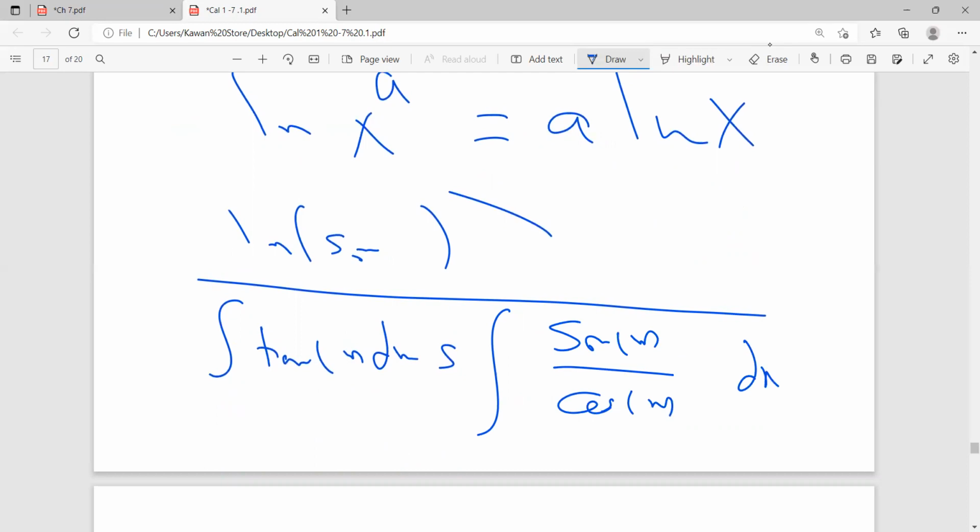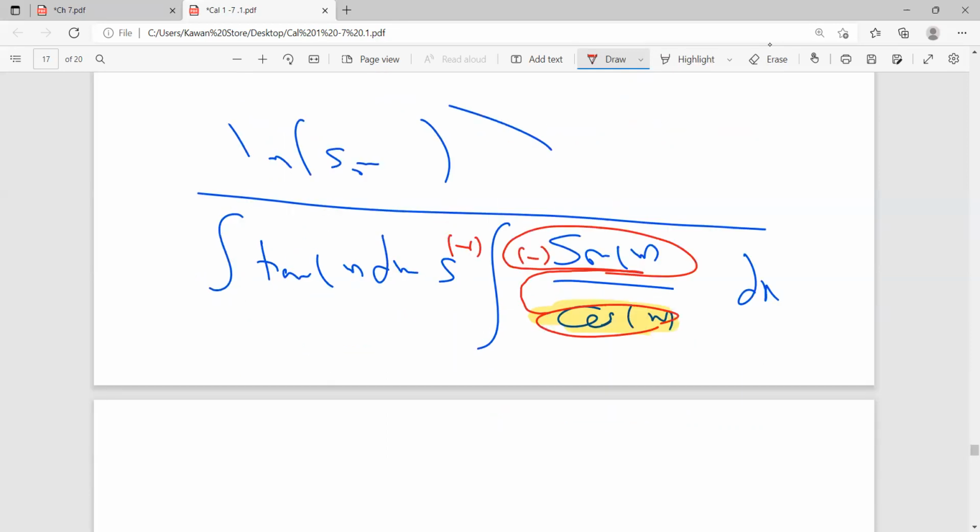Because I have a fraction, my idea will be the ln. I go to the denominator and check that the derivative of cosine is minus sine. So I need to add a minus here. Because the derivative of cosine is minus sine, if you add a minus, you should multiply another minus outside to balance it. You cannot multiply by 2 without 1 over 2, and you cannot multiply by minus without another minus. So now we have a ln and we have a minus.